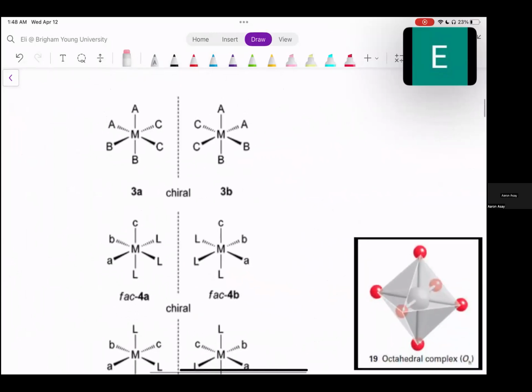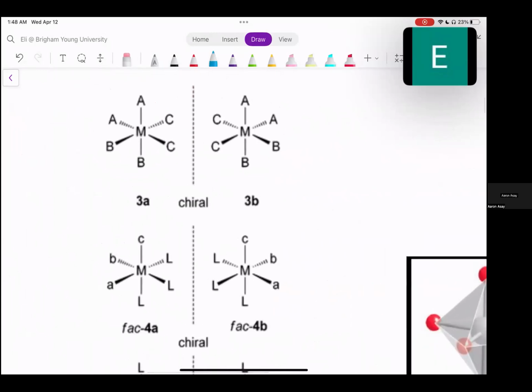So remember that this is just kind of an easier way to draw out this shape right here, right? So think of it in the 3D sense. So here they have their metal bound to 6 different ligands. And we're going to show these with different colors because that helps me.